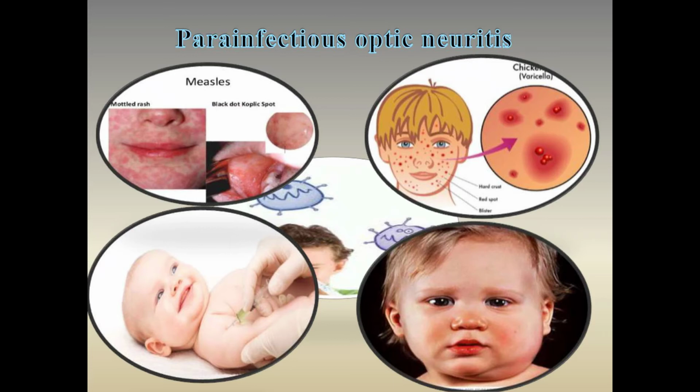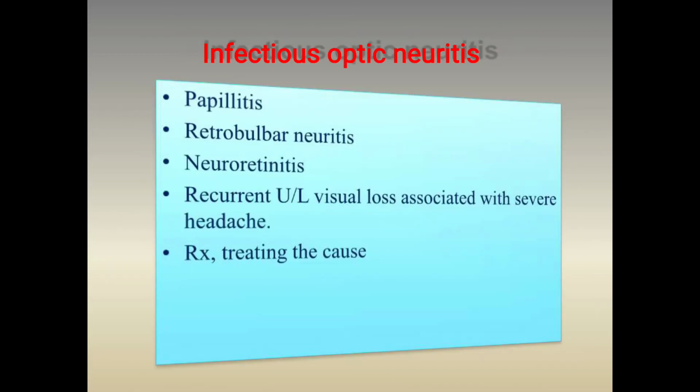So this is para-infectious optic neuritis, which, as you can see, is common in children. It is seen in children, usually after infections like measles or parotitis. Infectious optic neuritis usually presents as neuroretinitis, and it is associated with infections of adjacent structures like the meninges or sinuses, as we have discussed earlier.